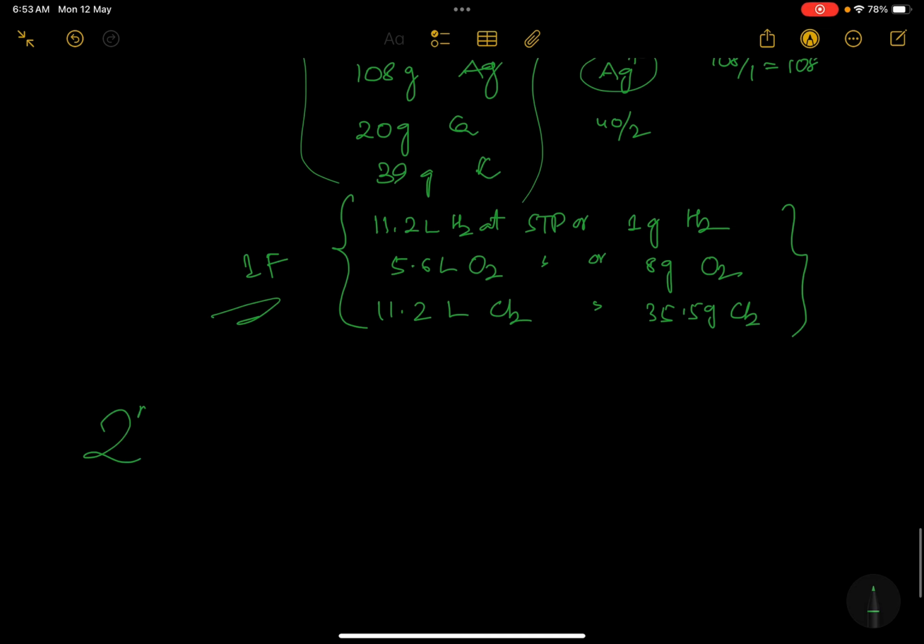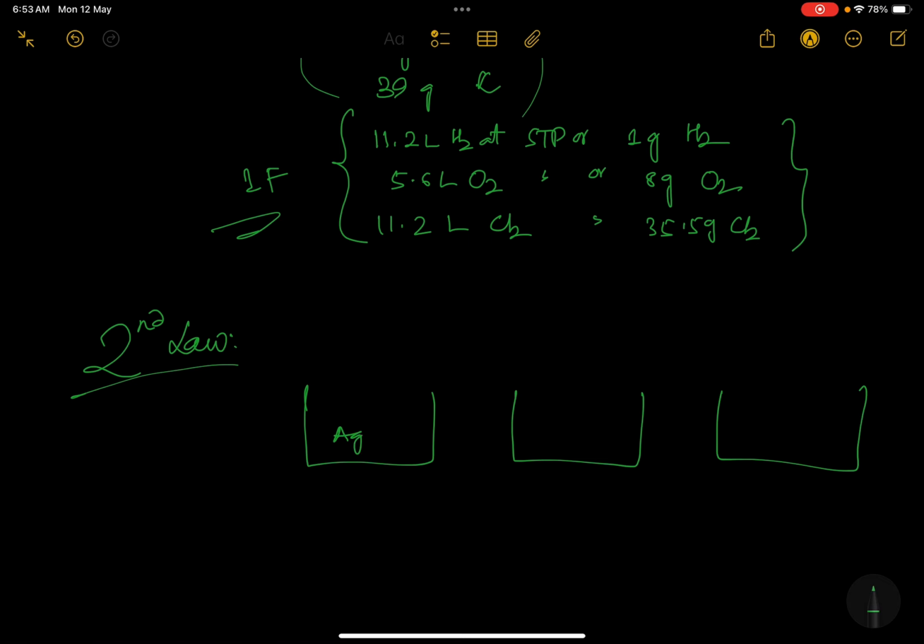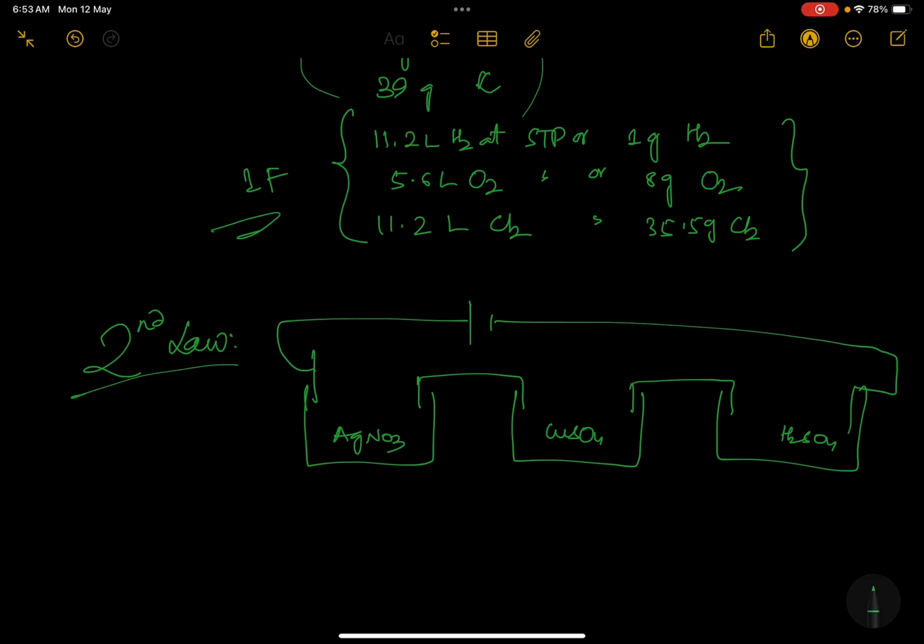The second law is, for example, we have 3 different solutions. The first one is with AgNO3, the second one is with copper sulfate, the third one is with H2SO4. Now we are connecting them and passing the same amount of electricity.